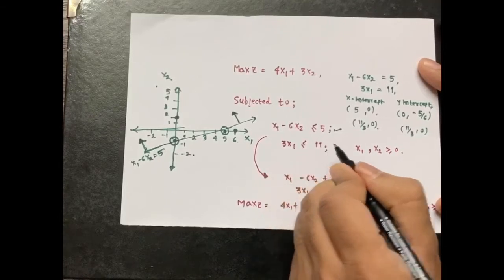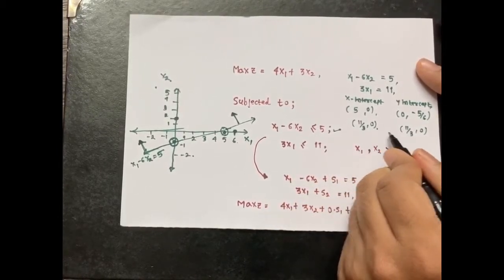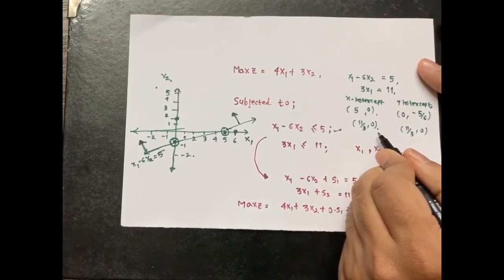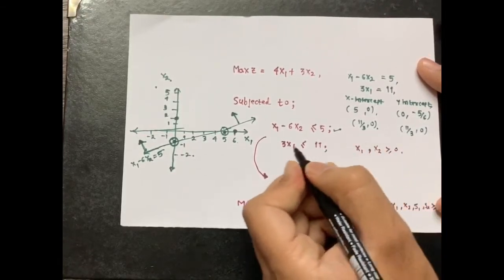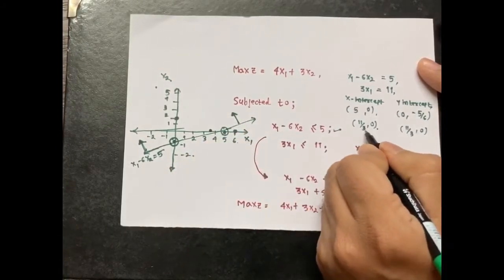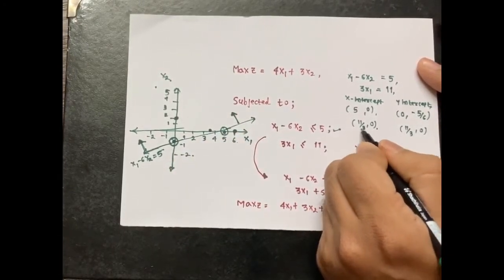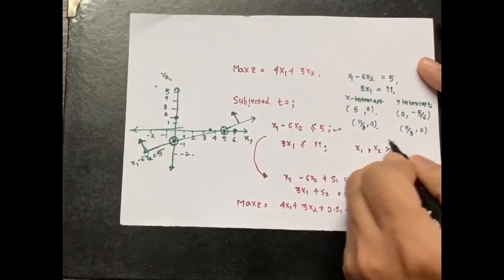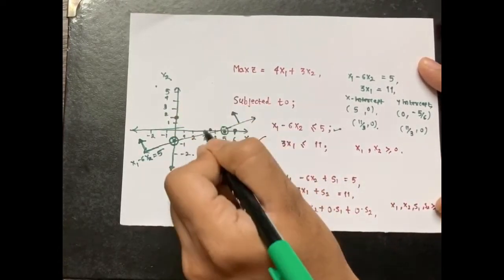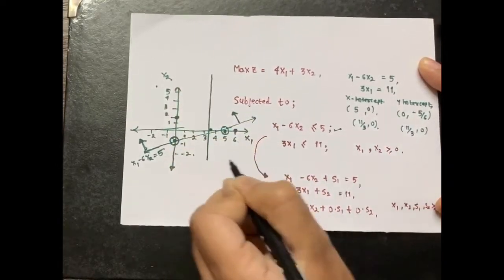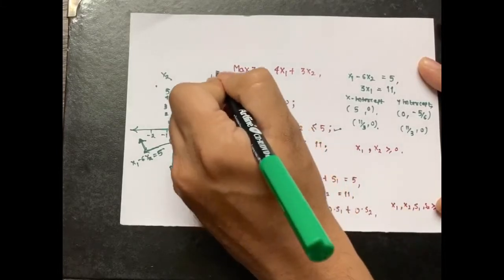Likewise, for the second line the point is 11 by 3 and 0. So that will be somewhere over here. Yes, 11 by 3, 3 3s are 9, so somewhere between 3 and 4 this point will be lying, and this line is parallel to the x2 axis, and the sign over here is less than or equal to.